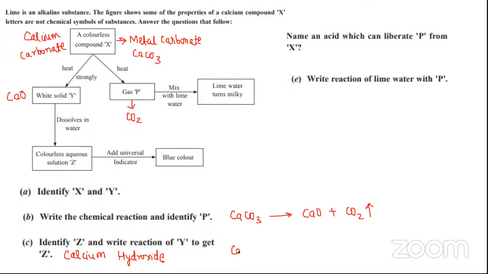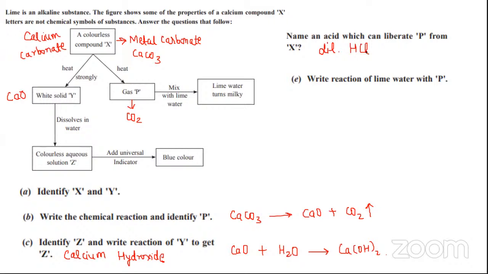By this reaction, your calcium oxide, if you dissolve it in water, it will form Ca(OH)2, right? Yes, correct. You should write dilute HCl.